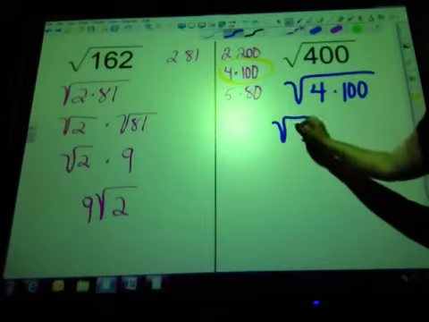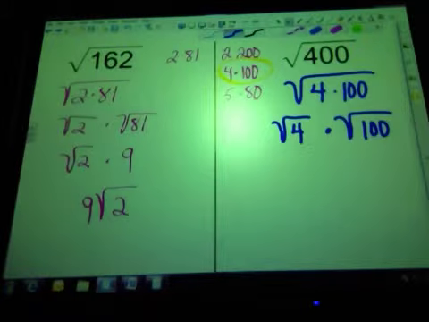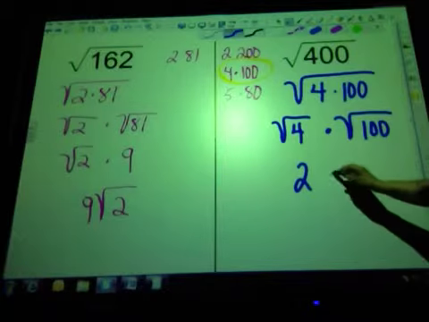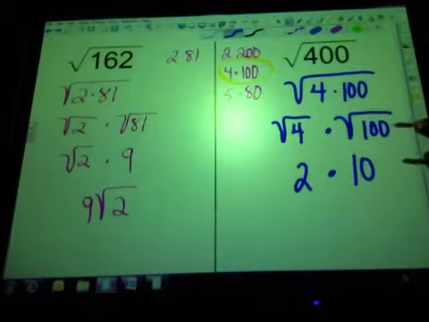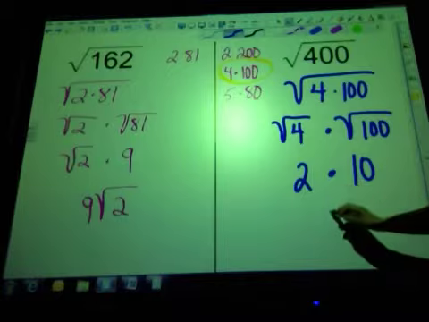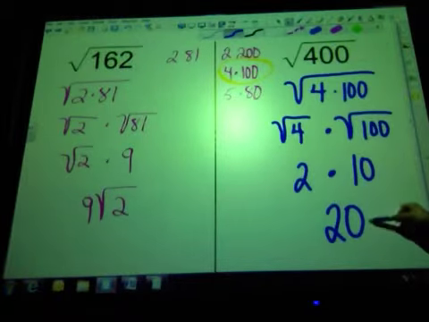Then I break that on down, square root of 4 times square root of 100. Square root of 4 is 2. Square root of 100 is 10. So I get rid of my square root signs. They have totally disappeared. Now I'm going to simplify this because I can. 2 times 10 is 20. So the square root of 400 is just 20.